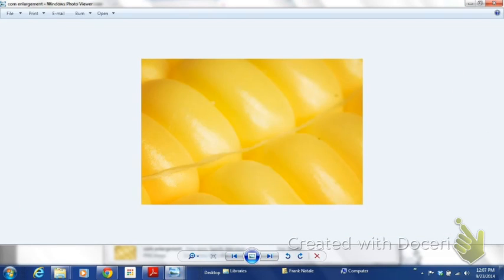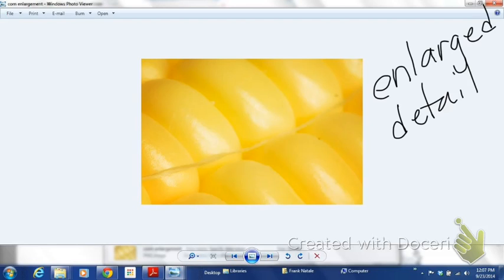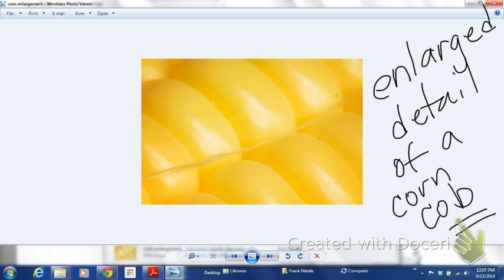This isn't a scale drawing, but it does have something to do with scale. Can you look at that and tell me what it is? I'm sure many of you recognized it as an enlarged detail of an ear of corn.